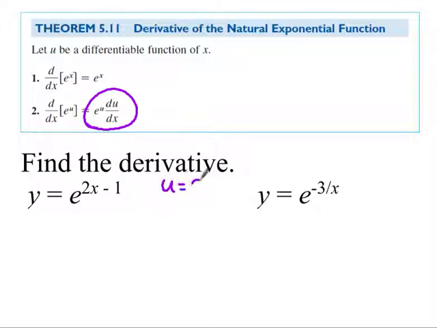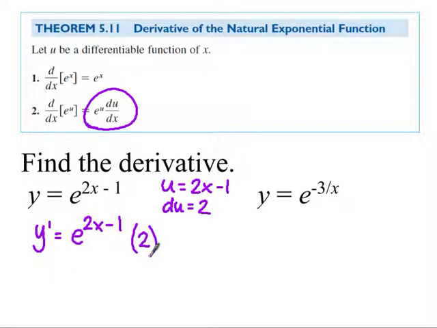What's the derivative of 2x minus 1? 2. So what they're saying the derivative is, it's just going to be e to the 2x minus 1, that's e to the u, times du. And yes, we do need to simplify that a little bit. You need to put the 2 in front. So your derivative is just 2e to the 2x minus 1.